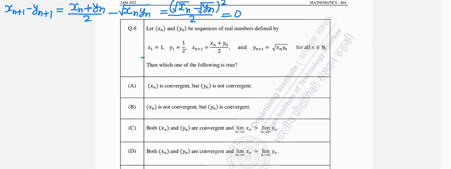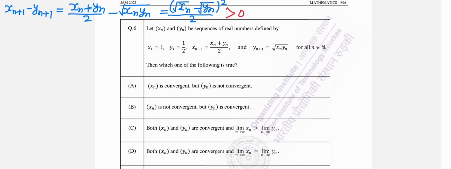But here x1 and y1 are both different, so we cannot take the sign of equality. So this will be positive, because you see a square here, and you know the square of any real number is positive, so this will be greater than 0.